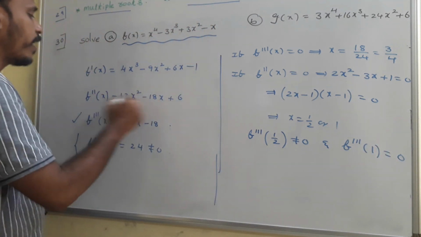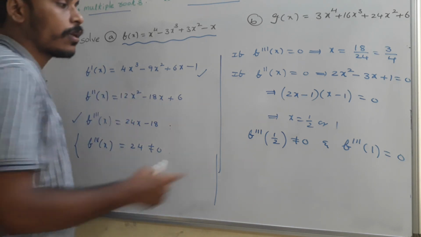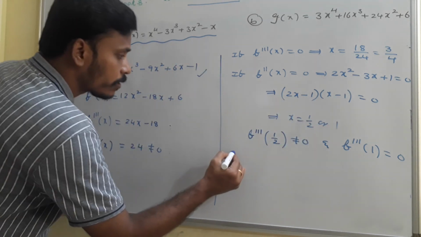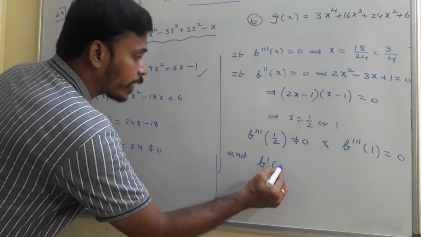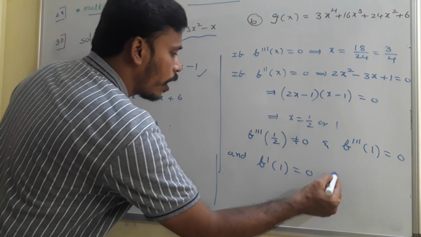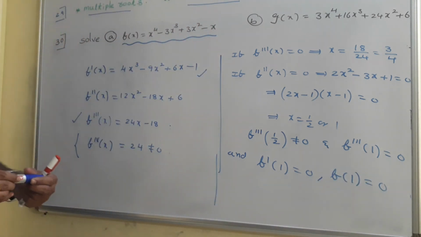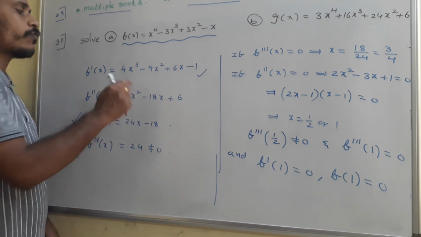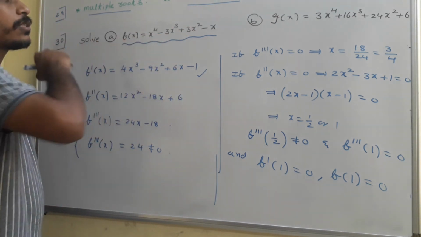Then think about f dash of x. Now when you think about f dash of x, replace x with 1 here. See, one thing is very clear that f dash of 1 is equal to 0 as well. f of 1 is also 0. When you replace x with 1 here, this is also 0.